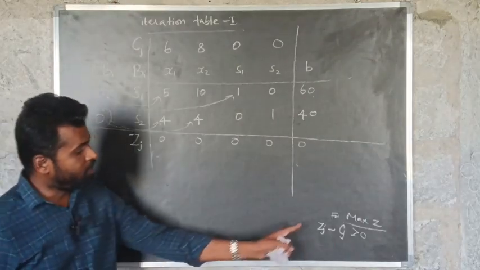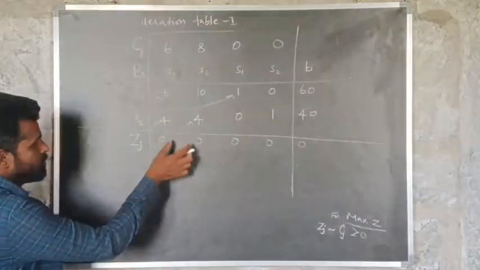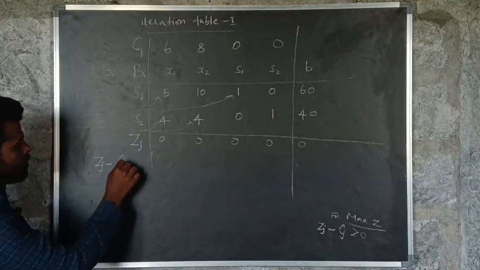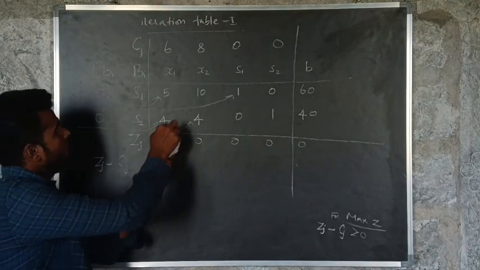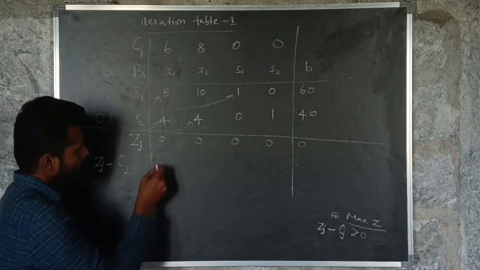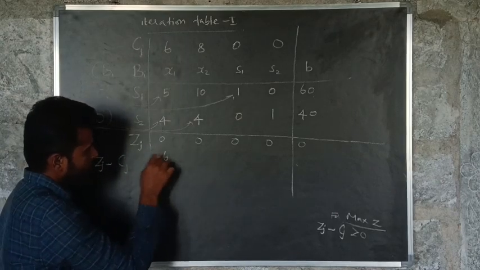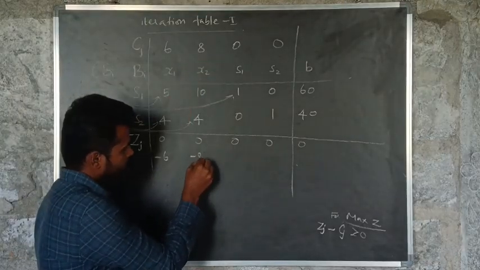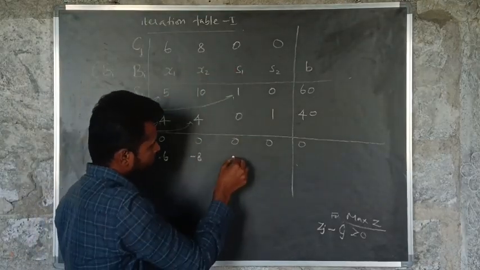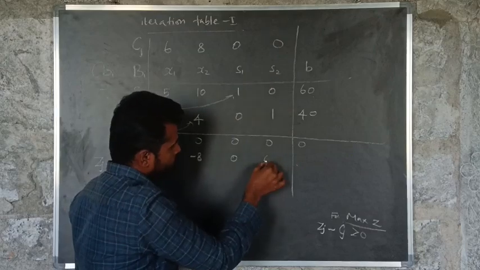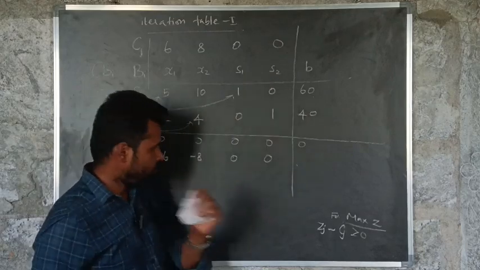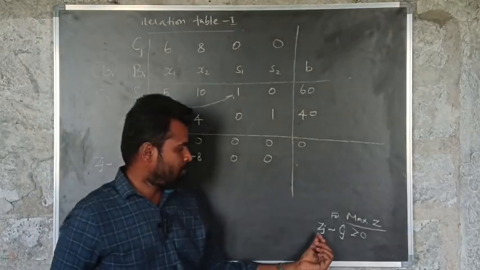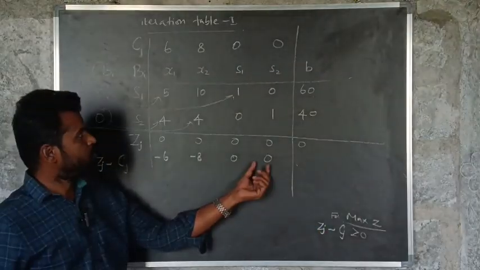Now we are going to find the Zj minus Cj values. We know the Zj values and the Cj values, so 0 minus 6 gives minus 6, 0 minus 8 gives minus 8, 0 minus 0 is 0, and 0 minus 0 is 0. For the quantity we don't do anything. Now we have to check the condition: whether all the values are greater than or equal to 0.